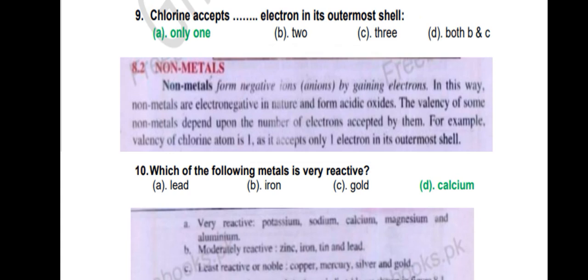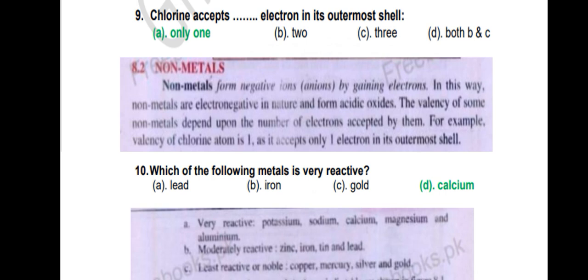So chlorine will accept only one electron, and it will have 18 electrons and 8 electrons in its valence shell. So its electronic configuration resembles that of argon. By accepting only one electron, it will become stable. Option A will be correct.